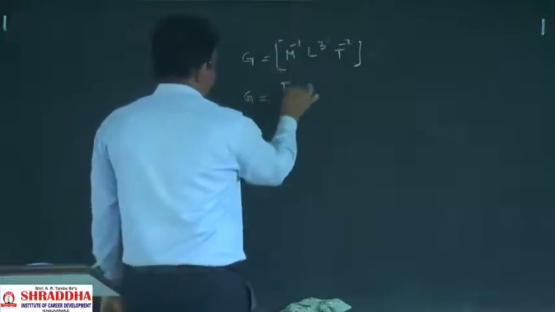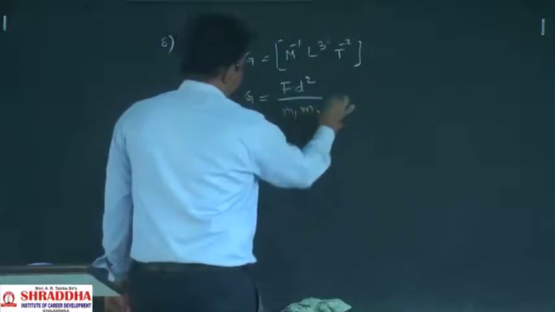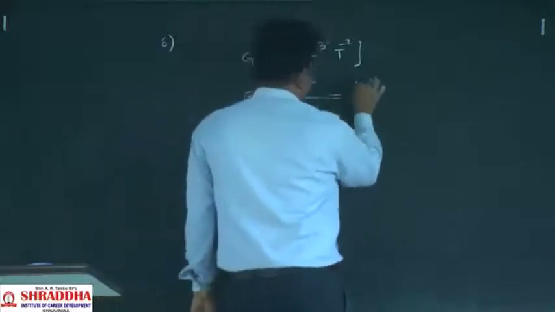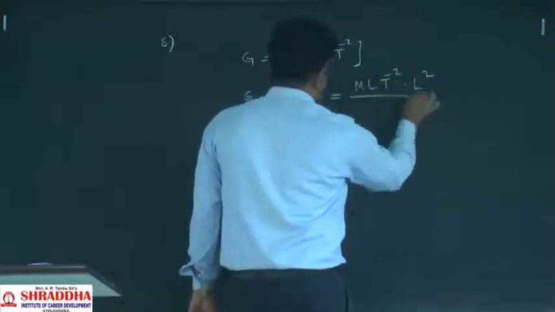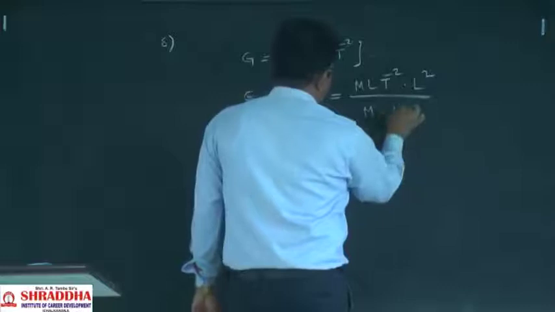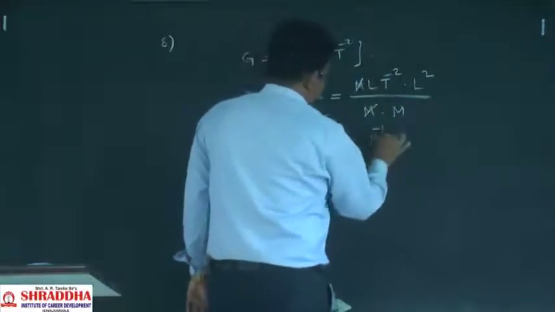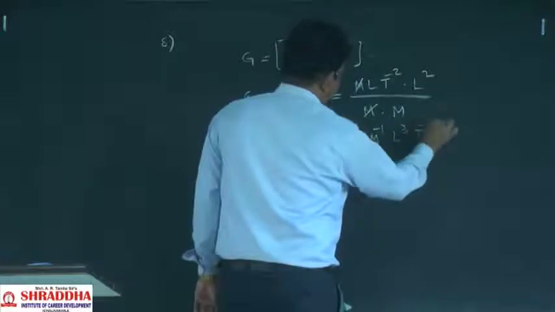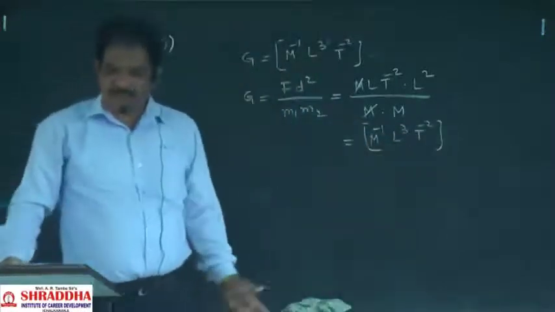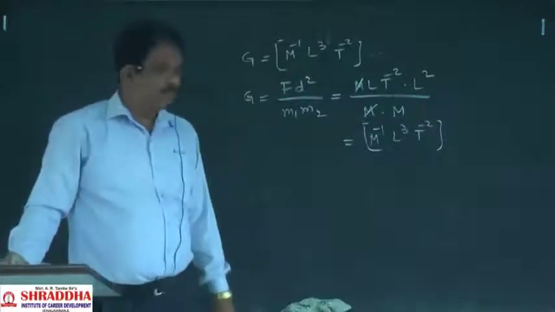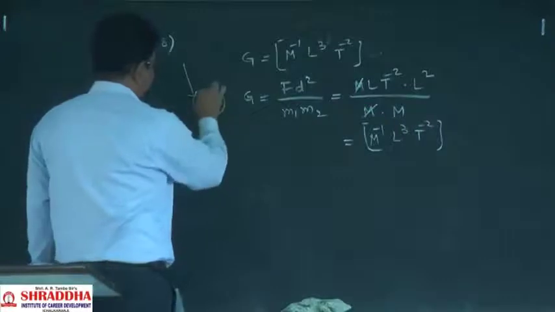G is equal to F d square by M1 M2. This is M L T power minus 2 into L square by M M. So M power minus 1 L cube T power minus 2. That will be the answer for that. 8, it will be 8.